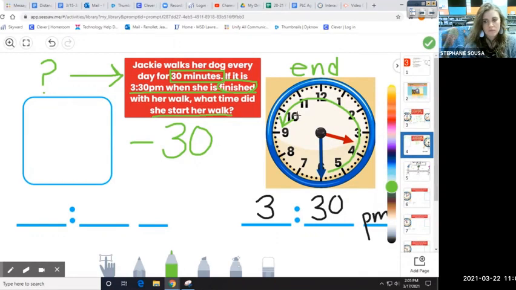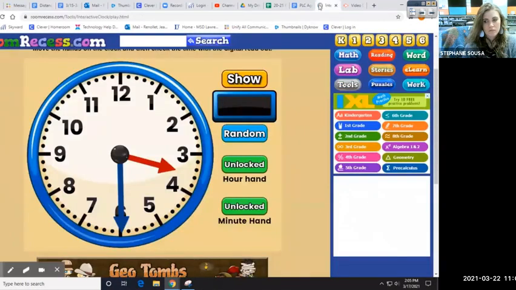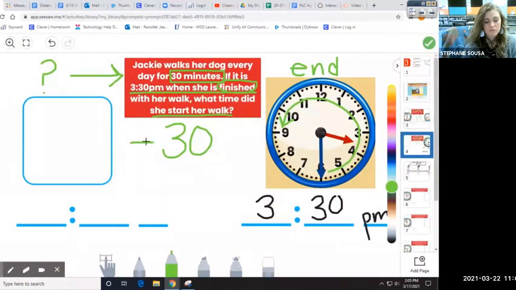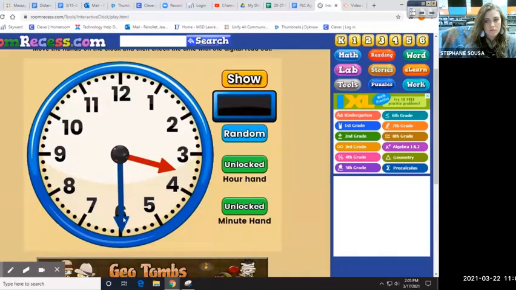Let's look on the clock together to prove our work. Today you will start with the end time, showing 3:30 p.m. And I want to take away 30 minutes. I want to go backwards in my day to see what time she started. I will take my minute hand and I will go backwards in my day by 30 minutes.